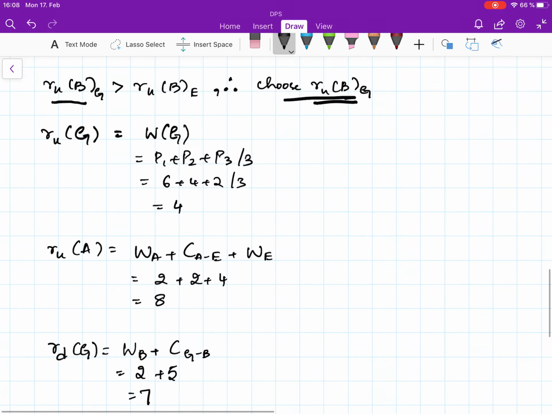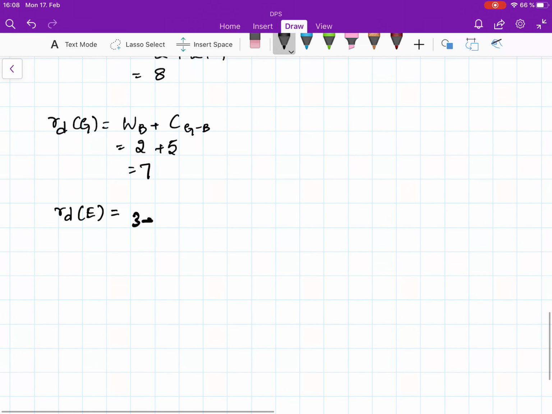So you just need to add 3 and 3. I'll just write it down instead of writing the whole thing. So it would be 6.